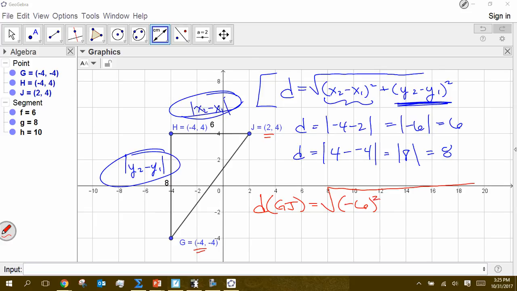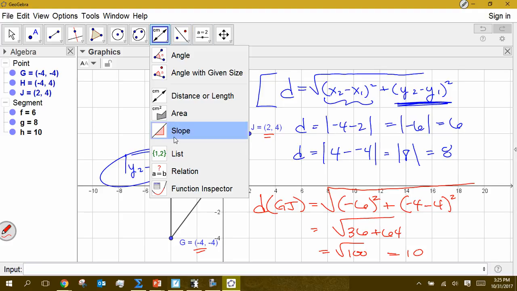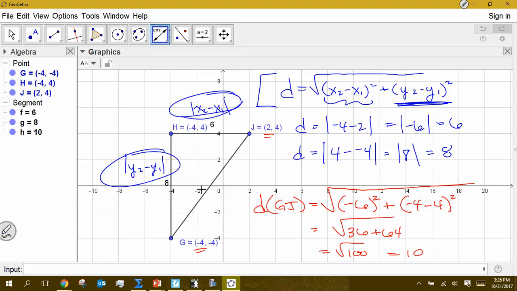I'll square that, and then add the y difference, -4 minus 4, which is -8, squared. So -6 squared gives me 36, and -8 squared is 64. That gives me the square root of 100, which is 10. So the distance for this problem is 10, and when we plug that in, it tells us it's 10.